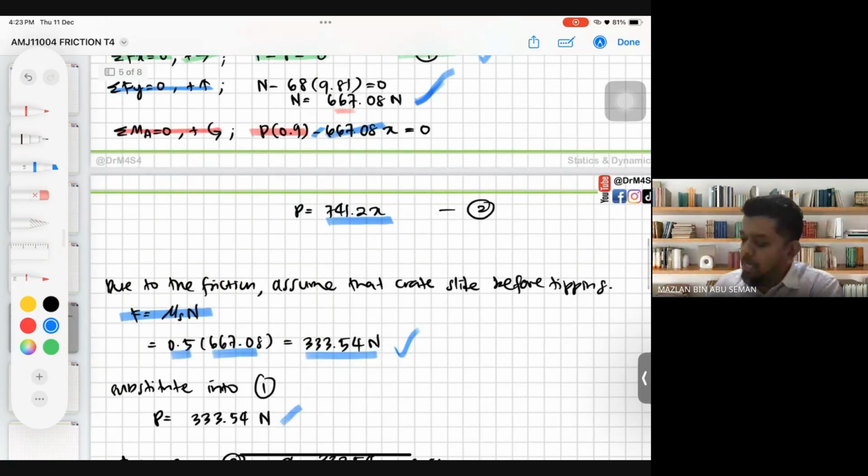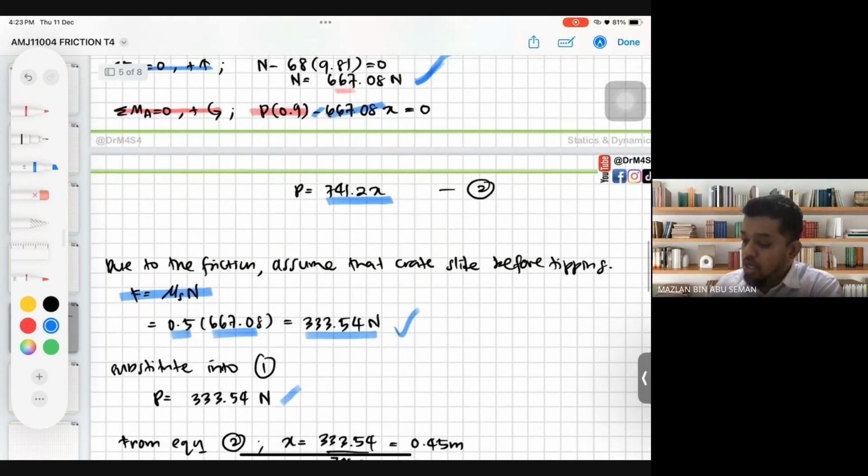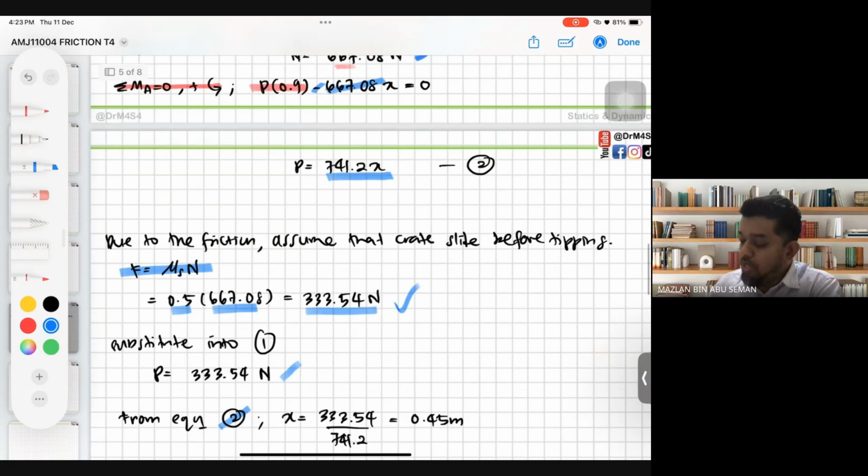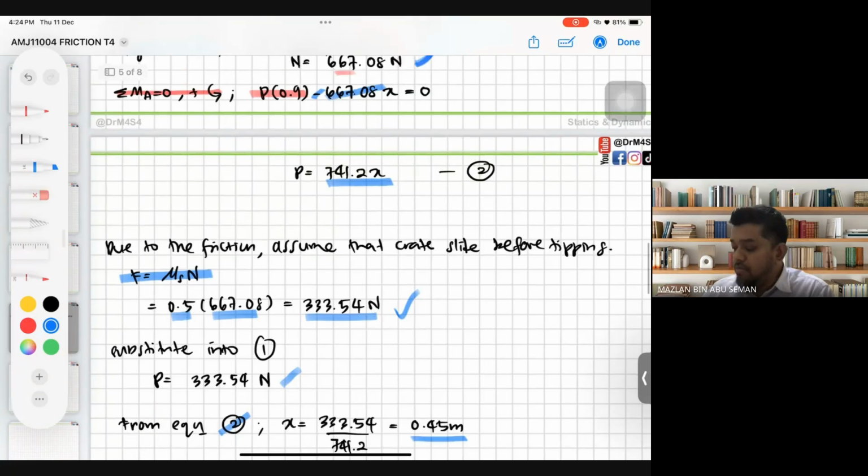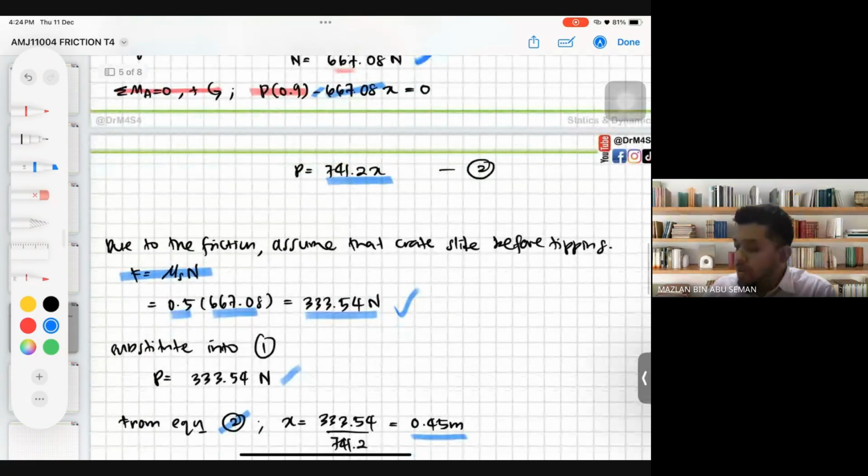So we substitute this into 1. We have our P is 335.54 Newton. So from equation 2, we solve that, we get our X is 0.45. So we check again. Here our X is 0.45.